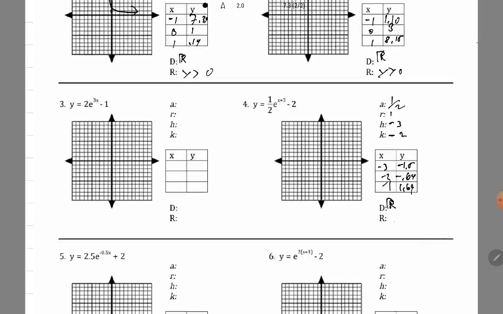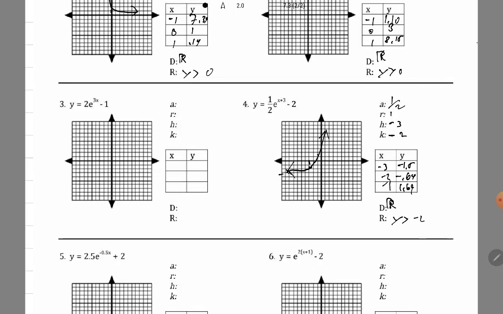But my range this time is going to be y is greater than negative 2, and I'll show you that. So when I go to negative 3, I'm at negative 1.5, negative 2 is negative 0.64, negative 1 is 1.69. So what's happening here is something like this if I used more numbers.